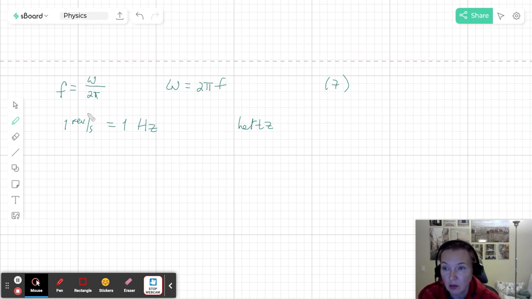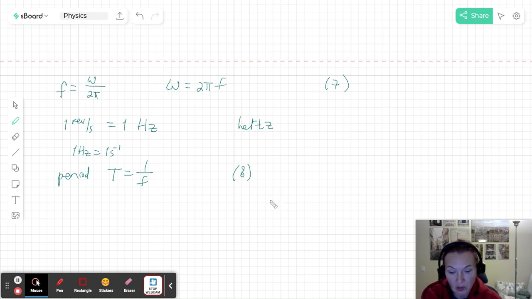So again, revolution is not really a unit, kind of like the radians, it's kind of like a placeholder. Sometimes we can say that 1 hertz equals 1 second inverse, or second to the negative 1. And the time that is required for one complete revolution is called the period. And the period T is equal to 1 over f, just like what we had for the circular motion. And that's going to be my equation number 8.